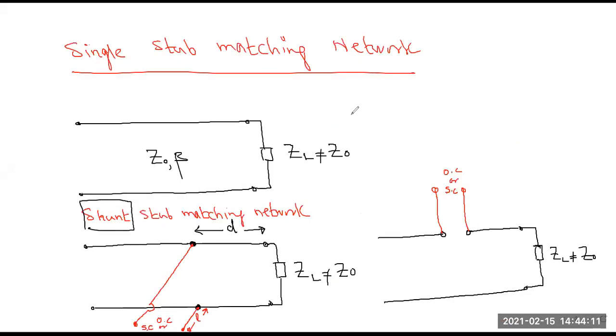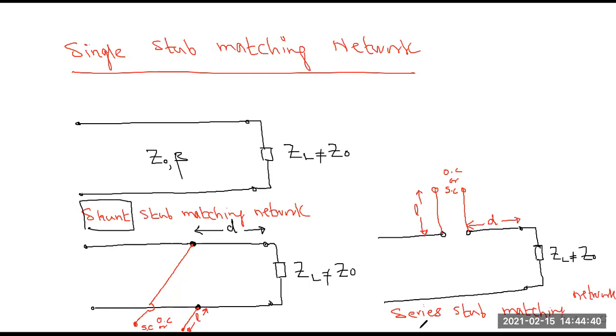So again, there are two parameters of this. One is this distance, and the second parameter is the length of the stub. And this type of circuit is then known as series stub matching network.